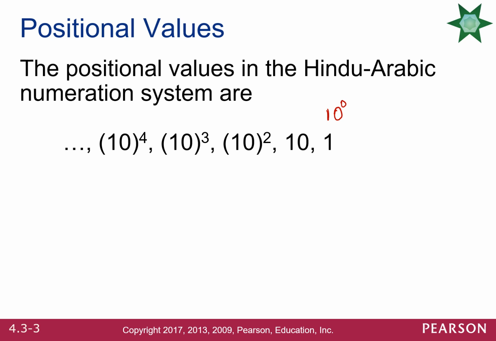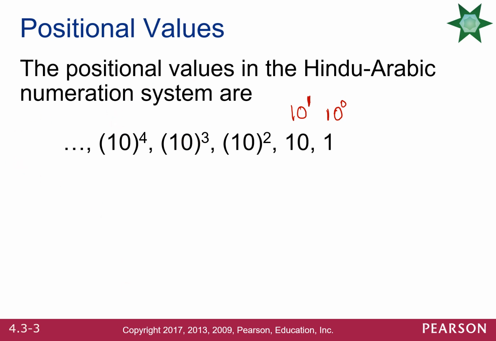And then the next place to its left is 10 to the power 1, which is just 10, and then it proceeds that way as we move from the right to the left. So 10 squared for the third place value, 10 cubed, 10 to the fourth, and so on.